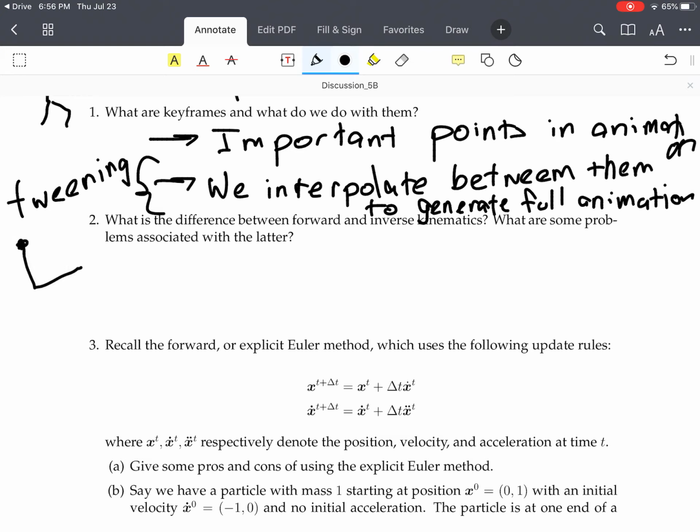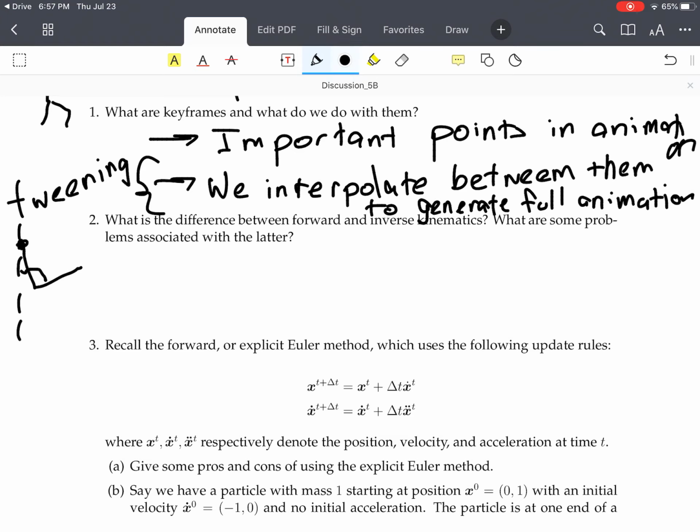What forward kinematics does is, say we have this axis here, and we give it the angles that each joint is at. We give it the angle of the upper arm relative to this normal.